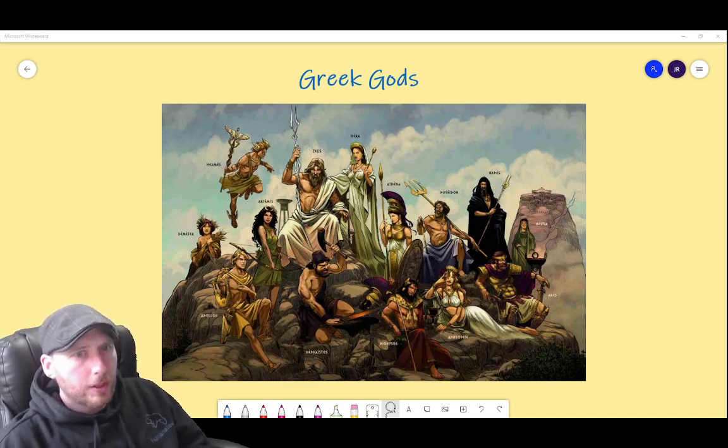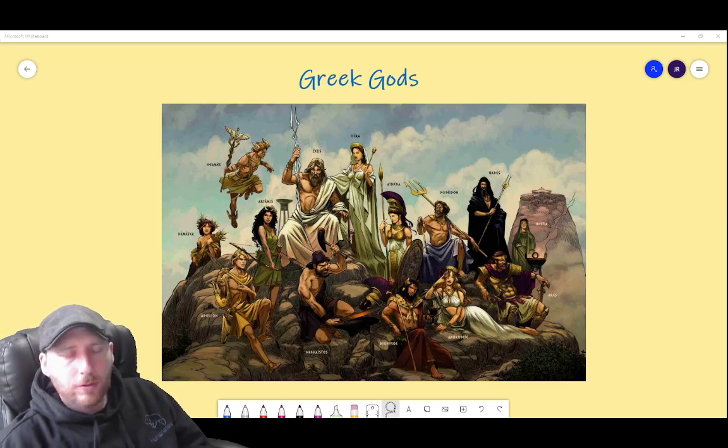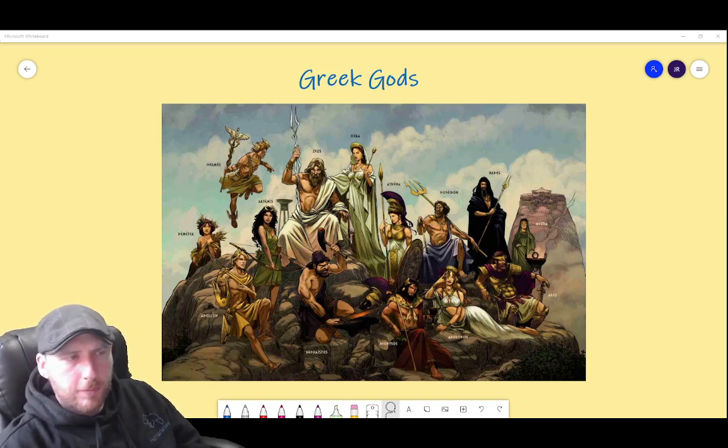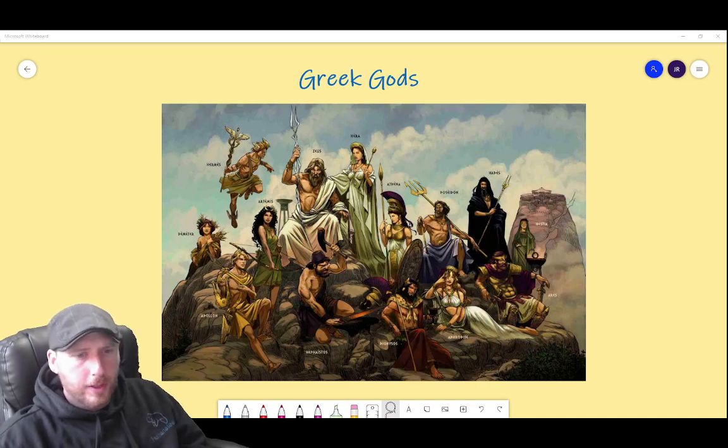We're going to look at the main gods today, not all of the thousands of gods that the Greeks had, but the main ones. We're going to look at a lot of key words, most of them taken from the textbook, but others too, and we're going to try and understand what a god is in Greece as well. So, without further ado, here we go.